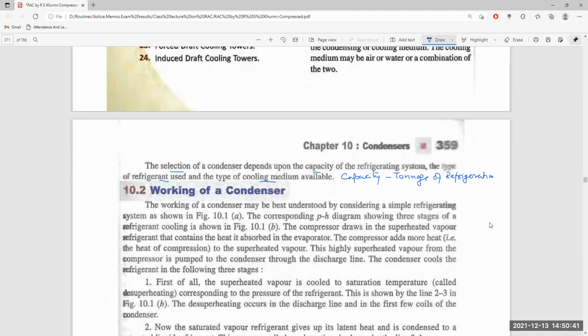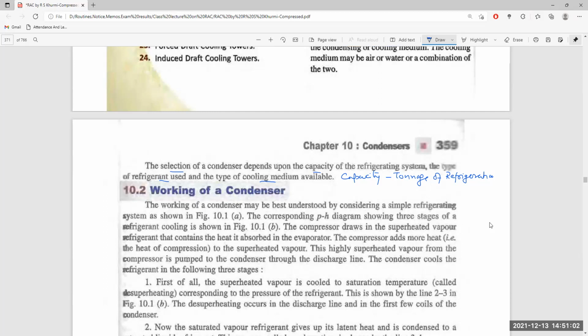Now, the working of a condenser may be best understood by considering a simple refrigerating system.